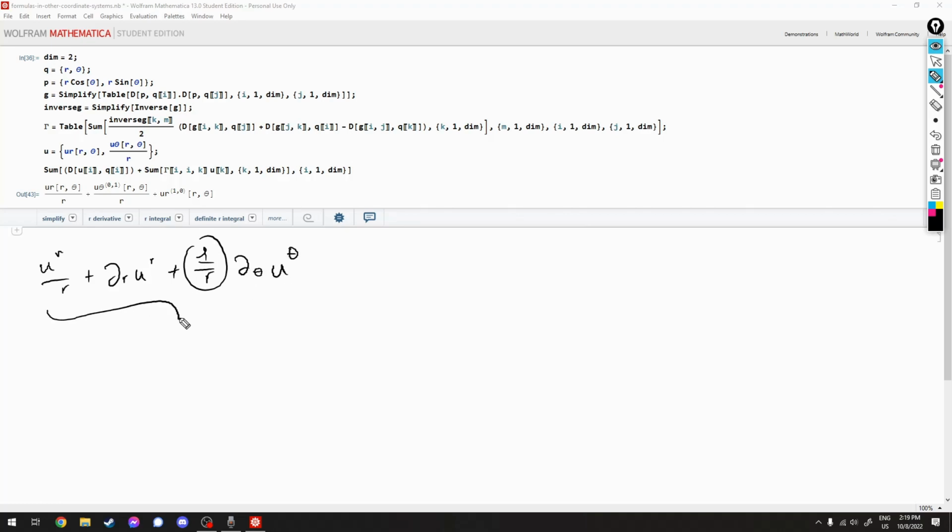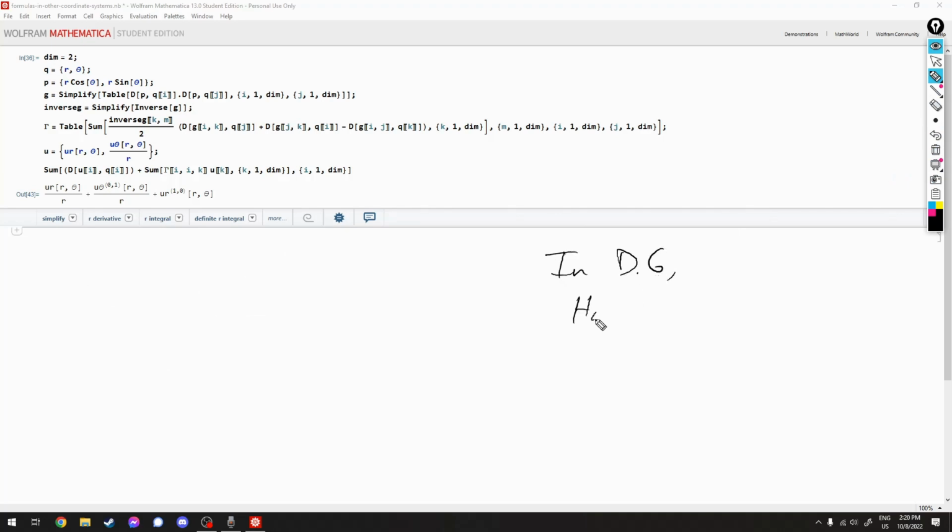And this is going to be the formula you see in vector calculus texts, right? And the reason why we do all this is because in differential geometry, the holonomic basis is just easier. It's just easier to work with. All right, that's all.